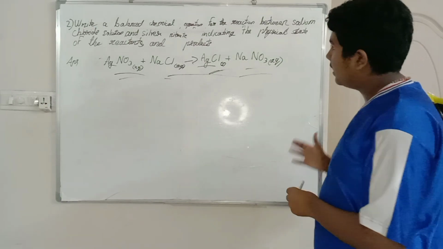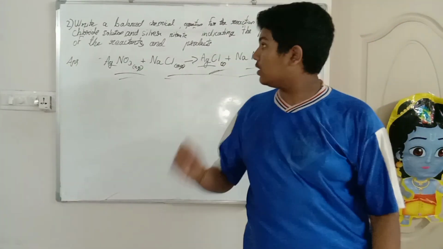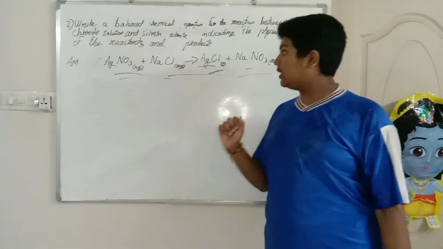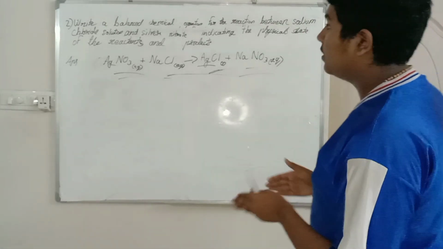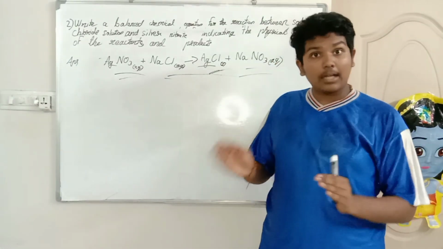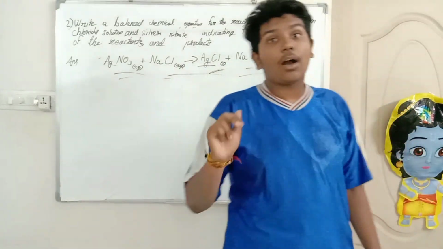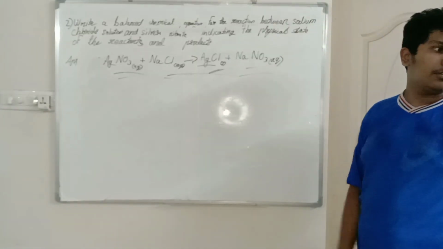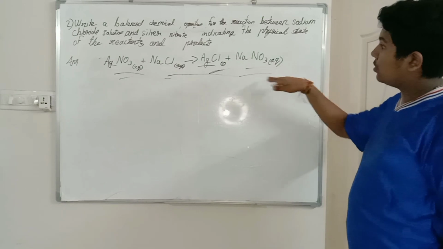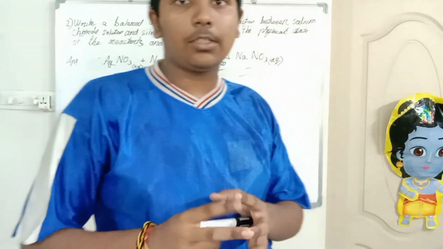So this is the answer: AgNO3 plus NaCl gives you AgCl plus NaNO3 aqueous solution. Because when silver nitrate combines with NaCl, it forms a white precipitate called AgCl, and also an aqueous solution called NaNO3. Now let's move on with the third question.